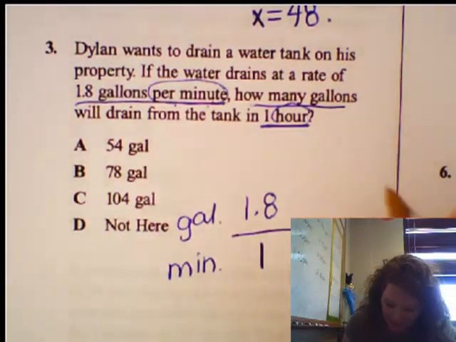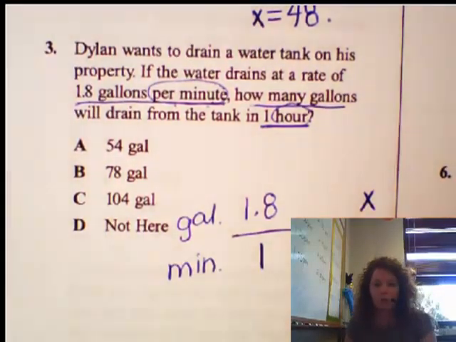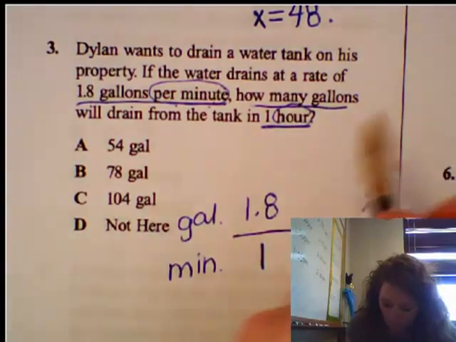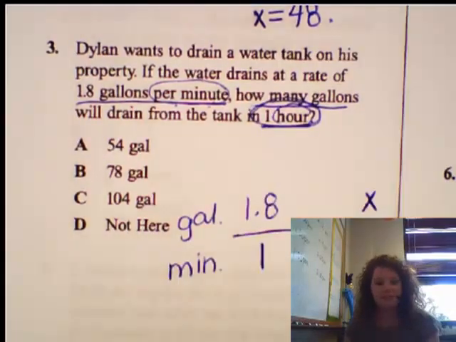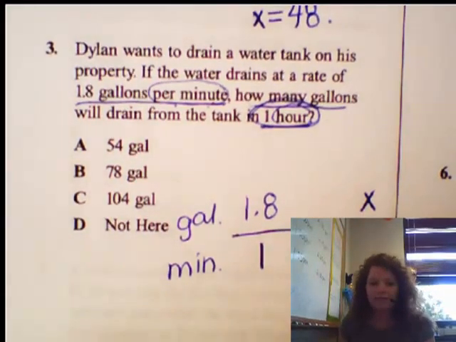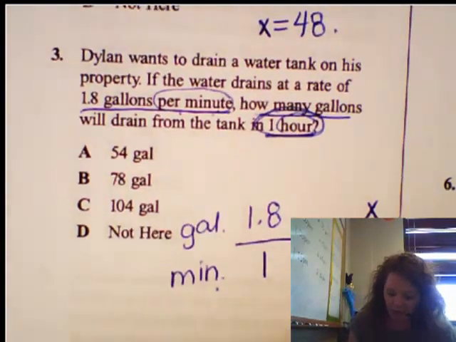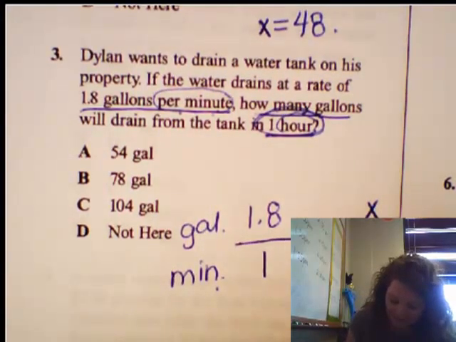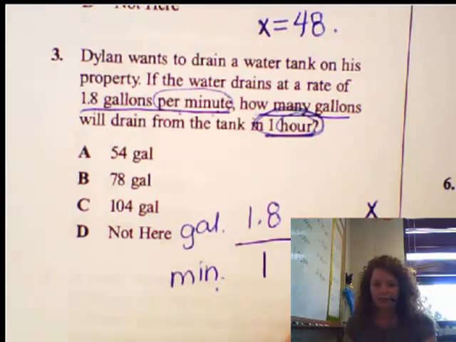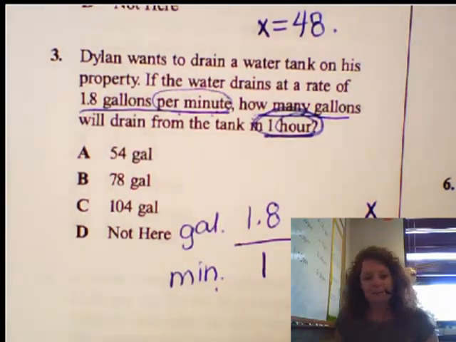Okay, let's see if we can set up this other side. How many gallons, so that's going to be X, we don't know what that is, will drain in 1 hour. Okay, we need to be careful. We can't just put a 1 down here, because we're talking about 1 hour. How many minutes are in 1 hour? 60. So there's where they're trying to trick us. We have to be really careful there. Okay, got the tough part done, proportion set up.